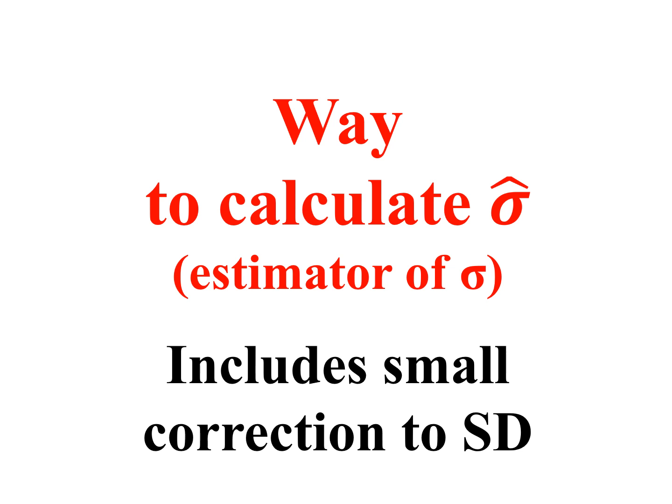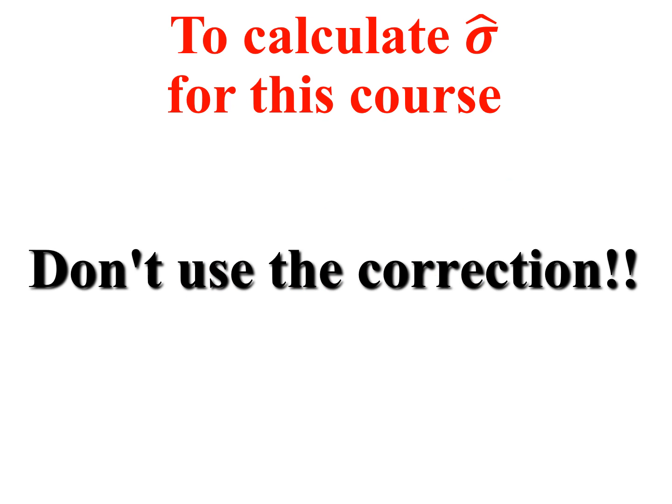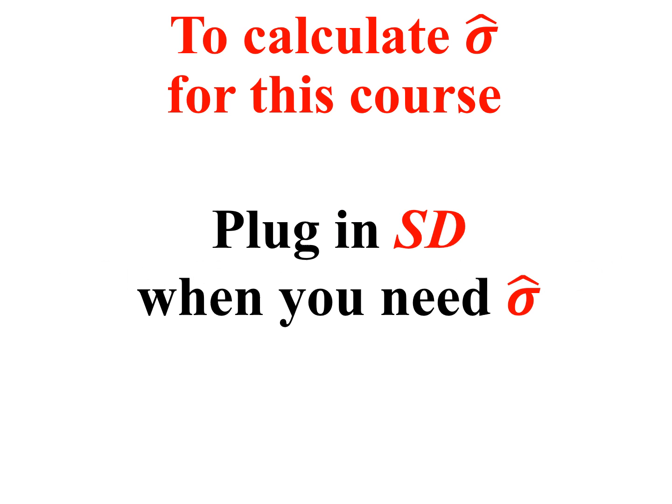You will run into this correction when you take the advanced statistics course. For this particular class, you will not be using this correction. Instead, you're going to plug in the standard deviation when you need an estimated value of sigma, for instance, when you're calculating the standard error of a sampling distribution.